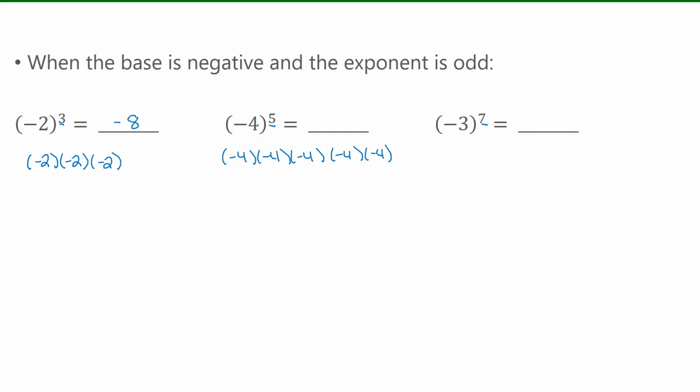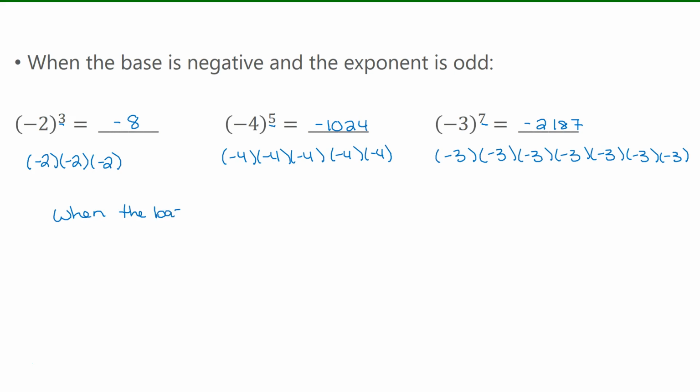You can work that out, or you can put that on the calculator. If you put that on the calculator, you should get negative 1,024. And for this one, I've got to multiply negative 3 by itself 7 times. And again, putting that on the calculator, you'll get a negative 2,187.